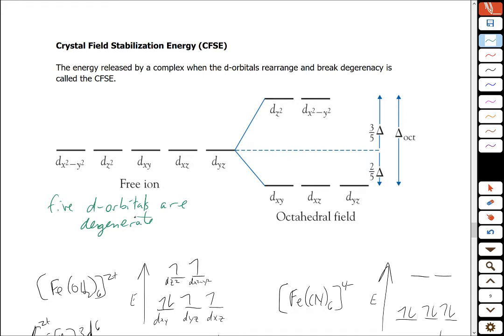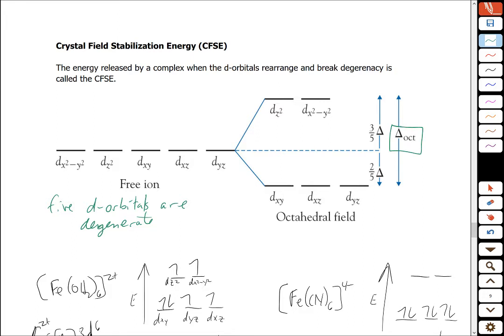But as soon as we form a complex, and in particular an octahedral complex, those d orbitals, which are not involved in bonding, will split.